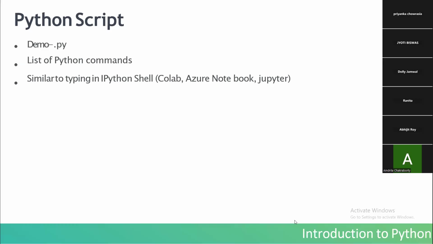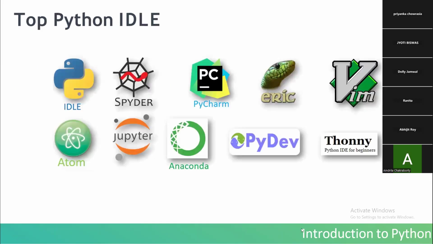Colab, there are so many notebooks, Azure notebook, Jupyter notebook. And these are the top Python IDEs. IDE means integrated development environment. So first with IDLE, there is Spyder we can use, PyCharm we can use, and others.